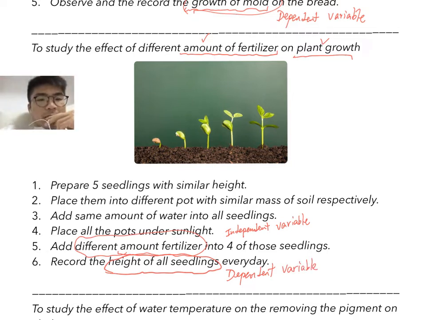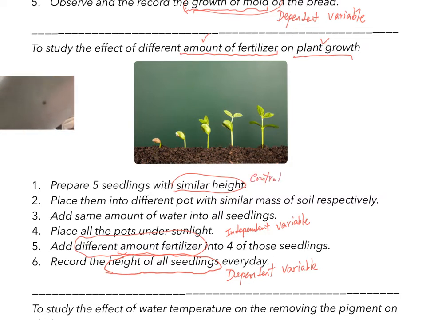How about the control variable? Anything that is required to make sure that the experiment is fair. I think you can already find quite a lot of them. First of all, you have to find seedlings with similar heights. This is a control variable.